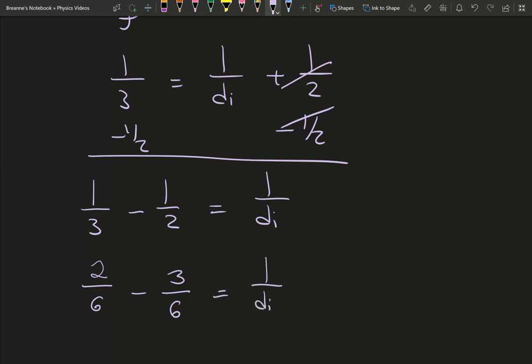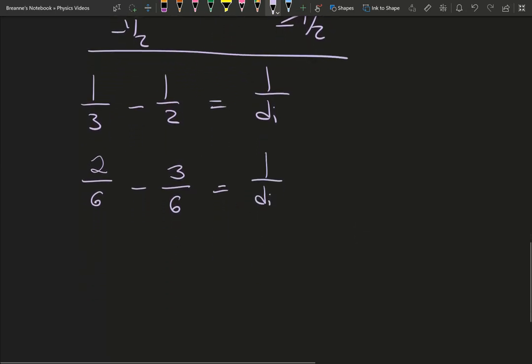That still equals 1 over DI. You can now subtract them, so you're going to get negative 1 over 6 equals 1 over DI. Now you never want what you're looking for on the bottom, so you're not done here.